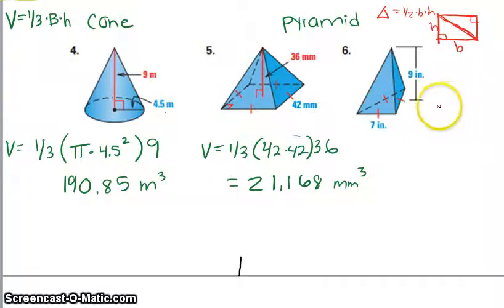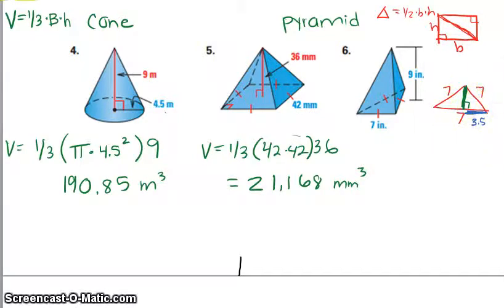We have an equilateral. So I'm just going to draw it this way because it's easier to look at. So it says these are all 7s. They're equilateral. So I need the height of this triangle. There's my height. What did I just create? A 30, 60, 90 triangle. So this length down here is half of 7, so that's 3.5.